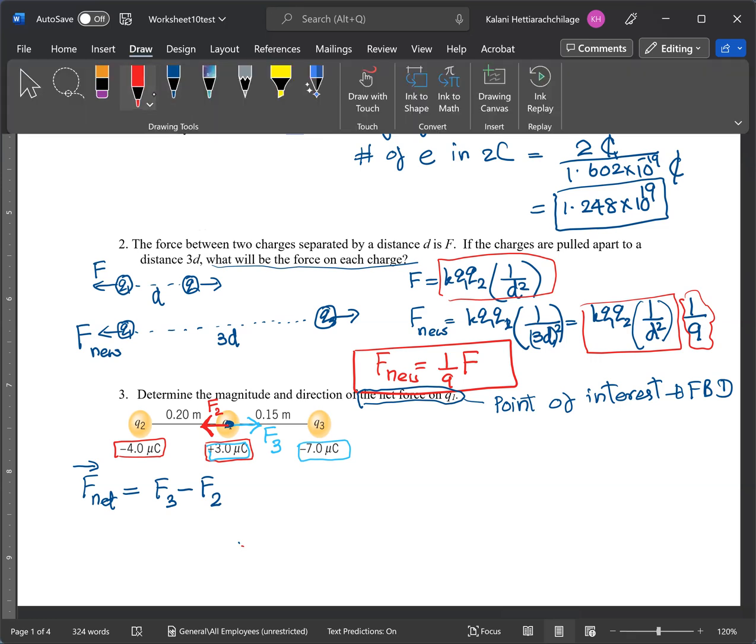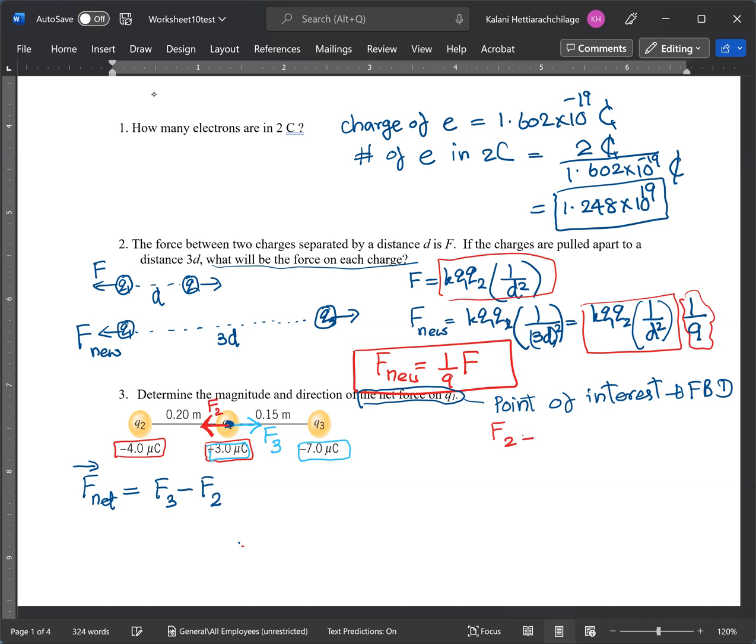So how do you calculate F2? F2 is basically the left particle and the middle particle, right? That means I have the Coulomb constant, Q2, Q1, divided by the distance, given actually 0.20, to the power 2, right? Just plug in the numbers.